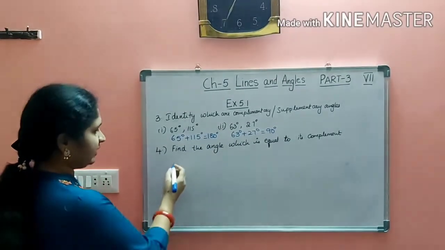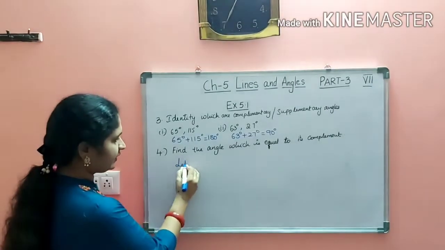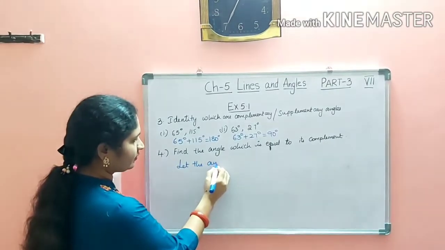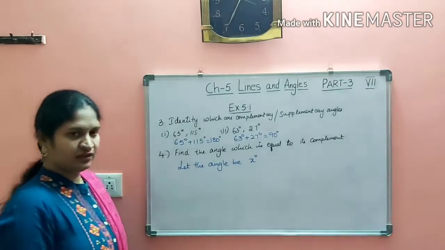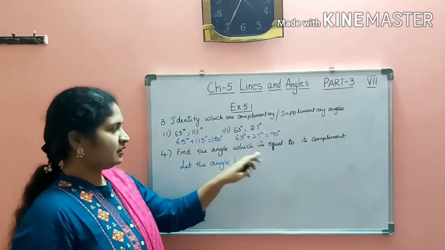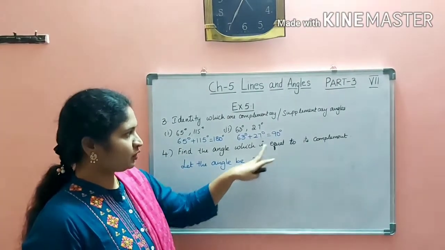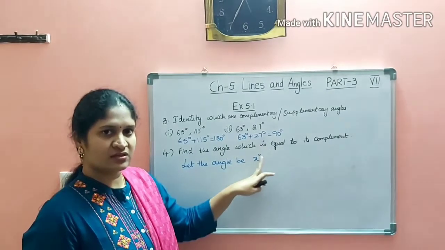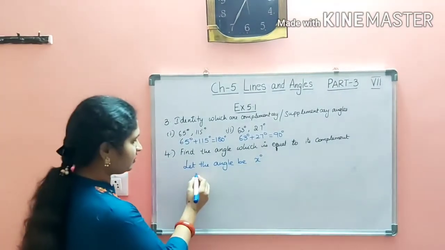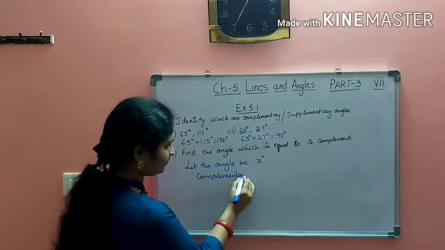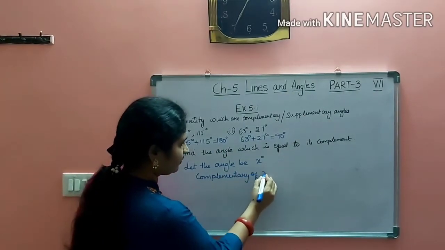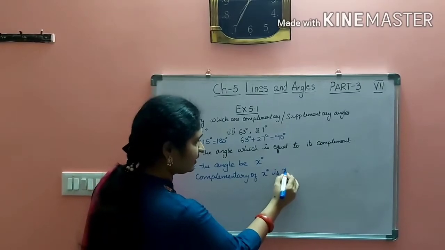So let the angle be x degrees. Here what they have given in the question, for this angle, complementary angle is also the same angle. So complementary of x is again x degrees.